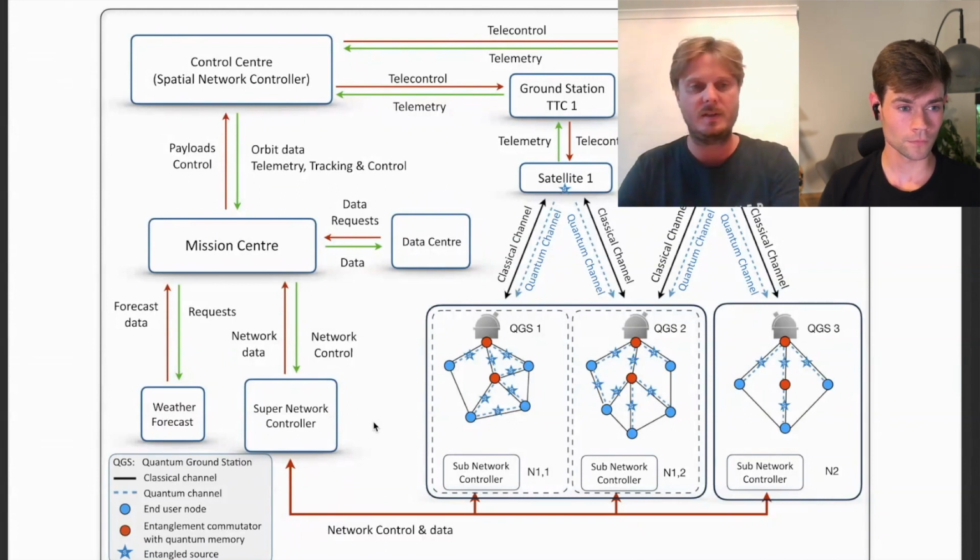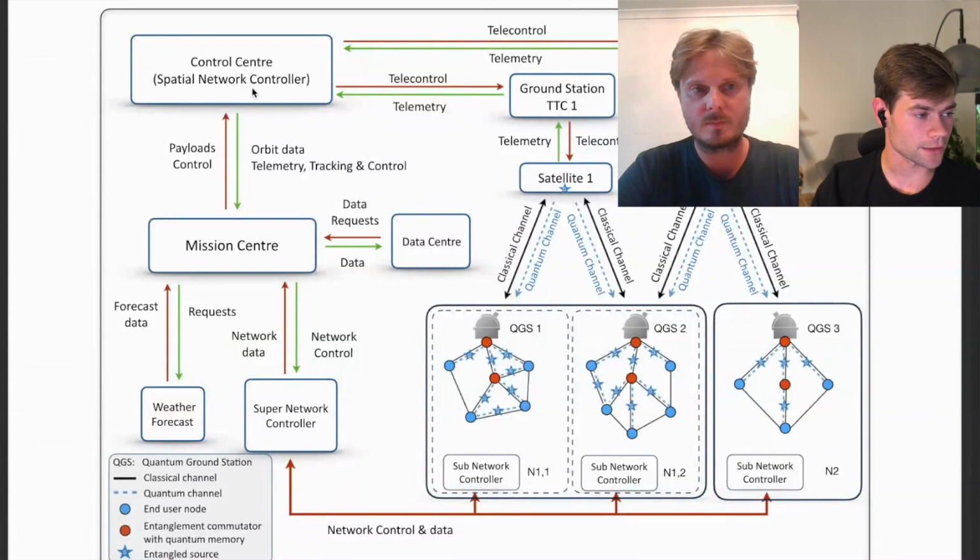So some functions could be delegated to the super network controller, such that the super network controller mainly focuses on the driving of the ground part, based on the mission center instructions. Okay. So would it be similar then to the control center, I guess, for the satellites here? Because I'm assuming this one also has to do with transferring, let's say, high-level mission instructions from the mission center into concrete actions for control in some way? Yeah.